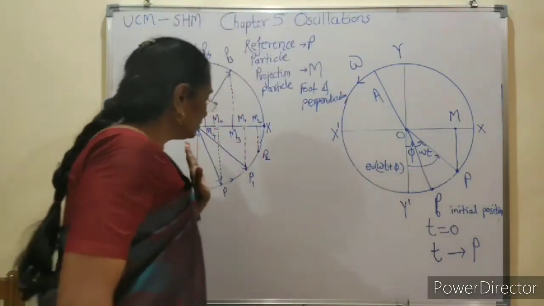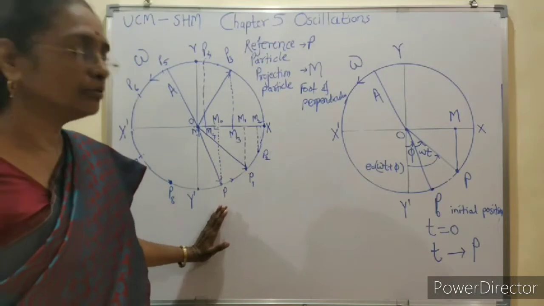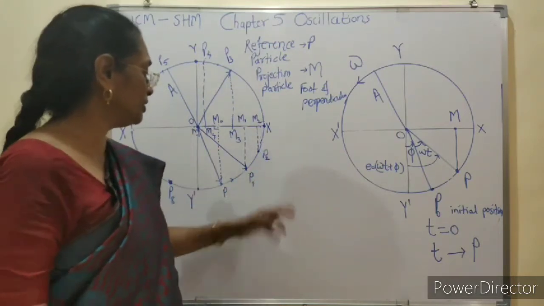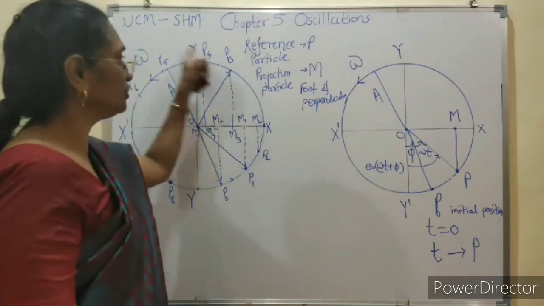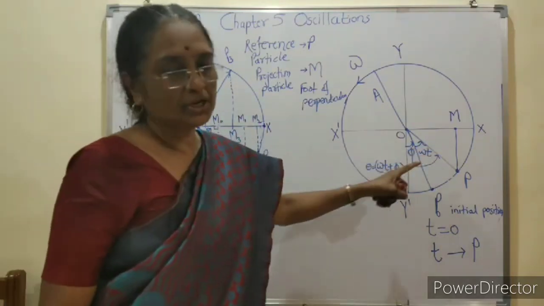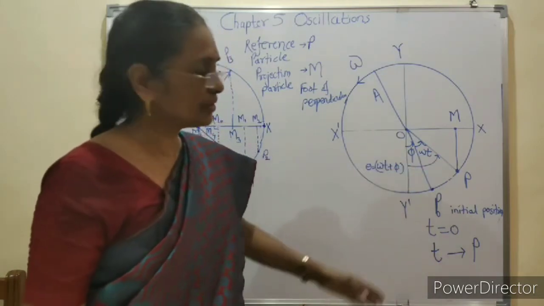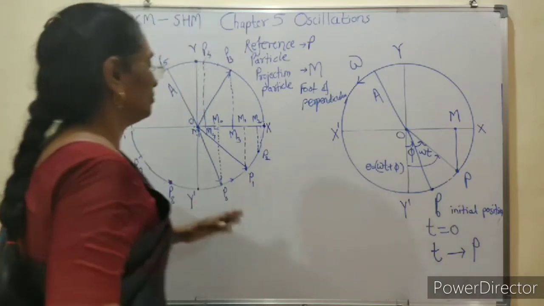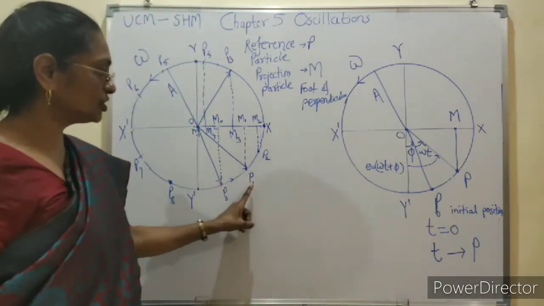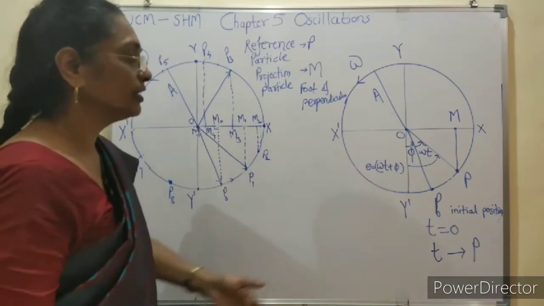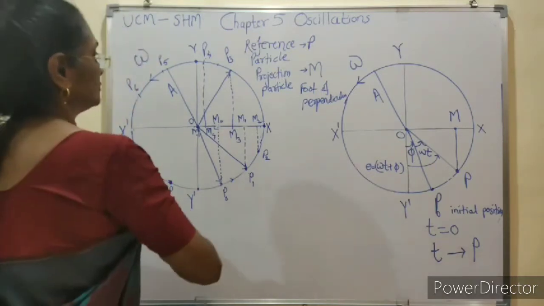In the first diagram we have shown various positions like P0, P1, P2. Now for the derivation of the expression we have shown any position, say P, not different positions like P1, P2, P3. Here we have shown it like this.